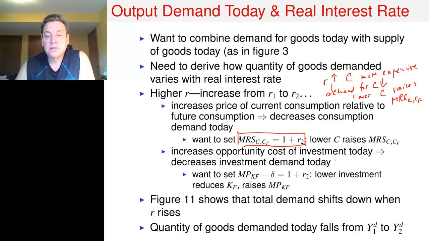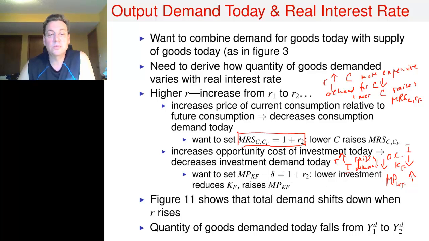So what's the second effect? The second effect is that a higher real interest rate raises the opportunity cost of investment. Therefore, investment demand is going to tend to fall. That makes the capital stock in the future lower, and that raises the marginal product of capital in the future.